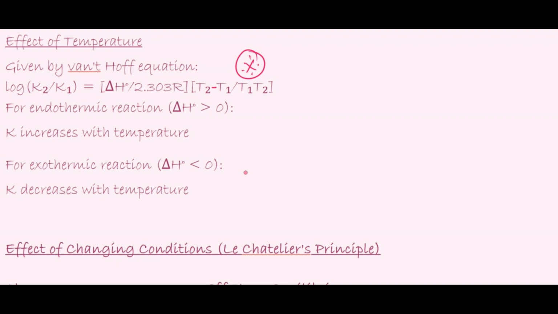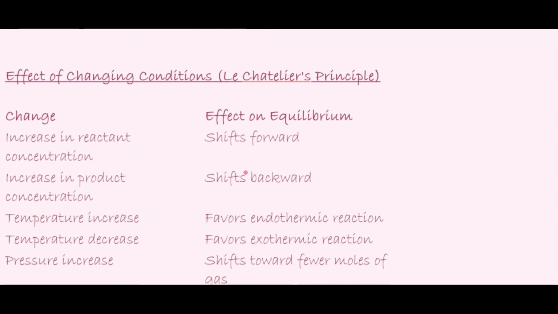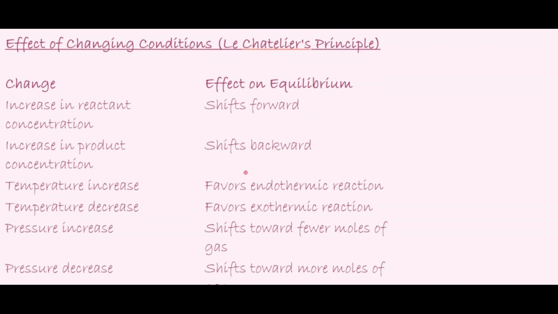And the important point here is that the K value increases with temperature in the case of an endothermic reaction, and the K value decreases with temperature in the case of an exothermic, heat-releasing reaction. Why is that happening? Who defines that? Our favorite, Le Chatelier.